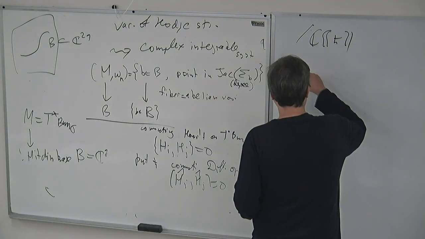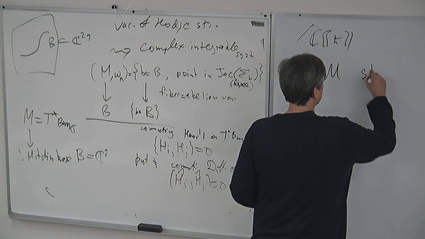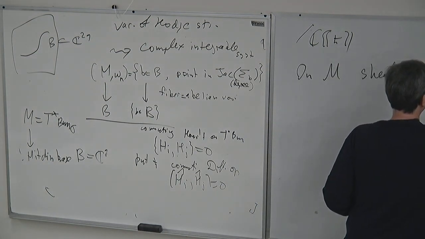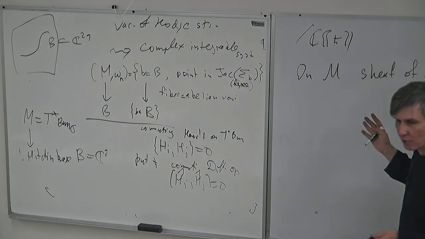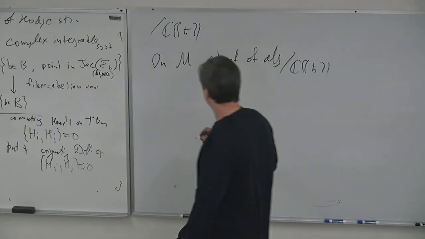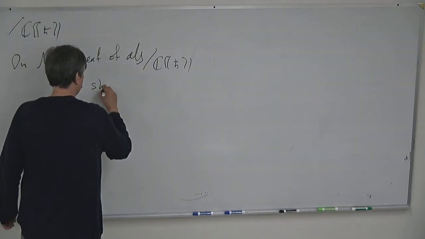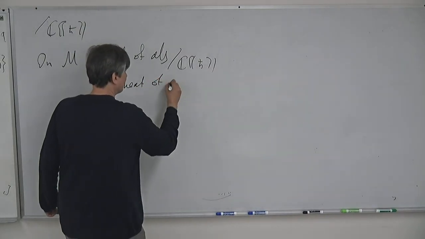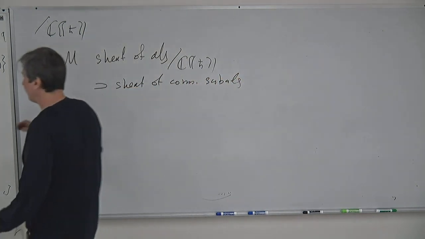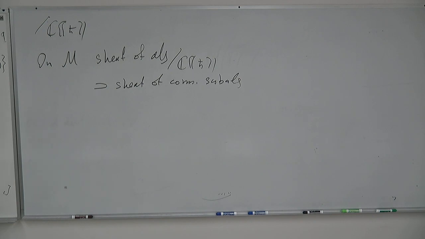Because when you get differential operators, you get on M a sheaf of algebras over C[[H]], which is isomorphic locally to this star product thing, and contains a sheaf of commutative subalgebras. Namely, it's the following.